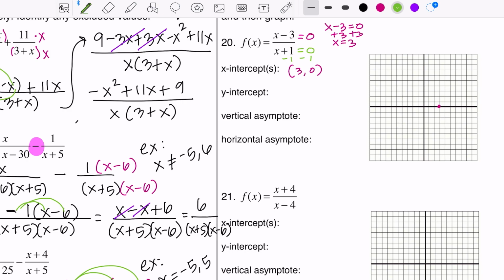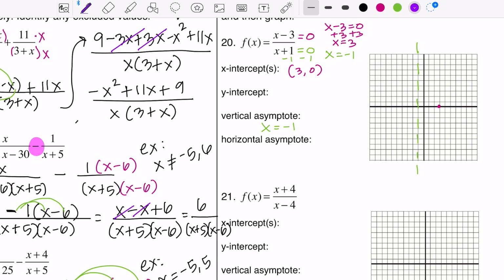That wouldn't make sense because you get x equals negative 1, and a y-intercept would be y equals. That's going to give you your vertical asymptote because the denominator is what the equation can't equal because it would be division by 0, and we can show that on a visual graph with a vertical asymptote.